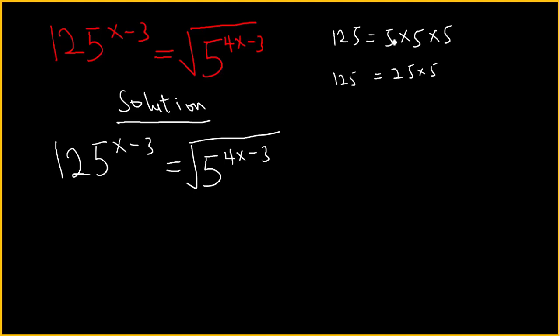So how many of the 5s? We have 1, 2, 3. 3 of the 5. So 1 is taken, and the number of times is written on top, which is 3 times.